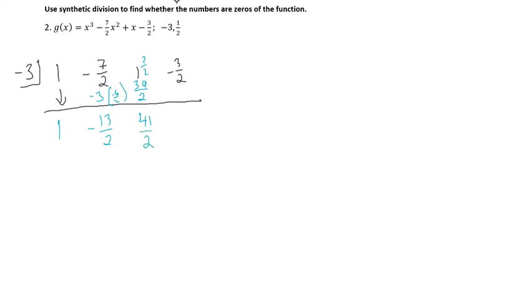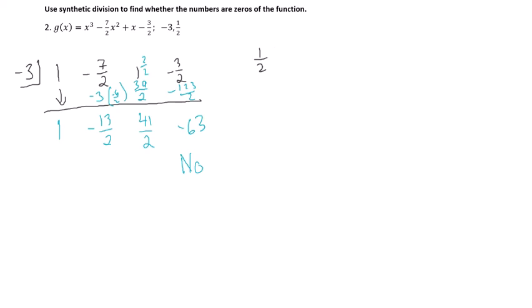And multiply that times that, and we get -123/2. Combine those together and you get -126/2, which half of that would be -63. So not a 0.